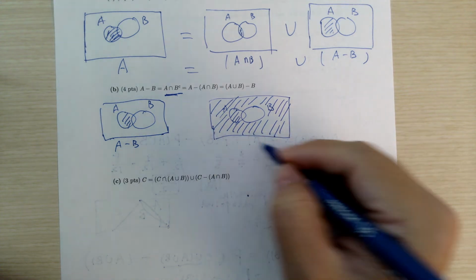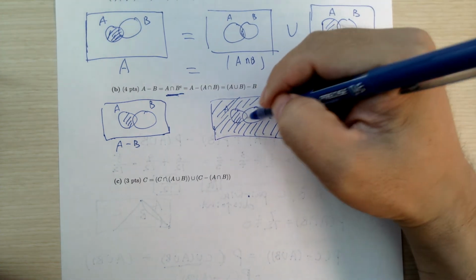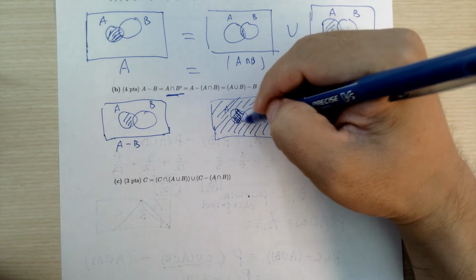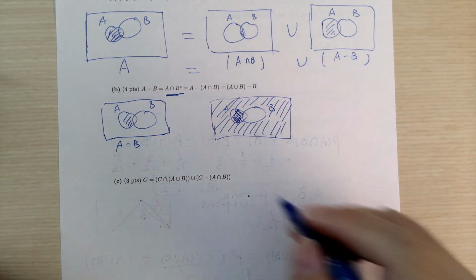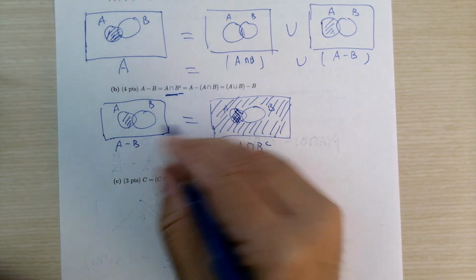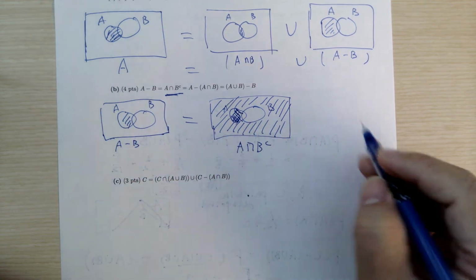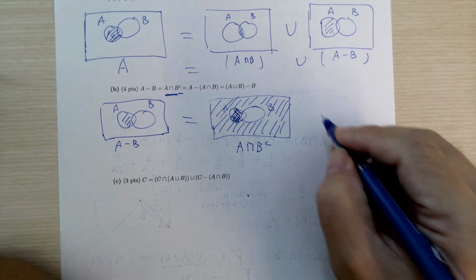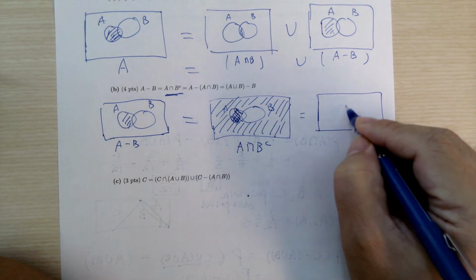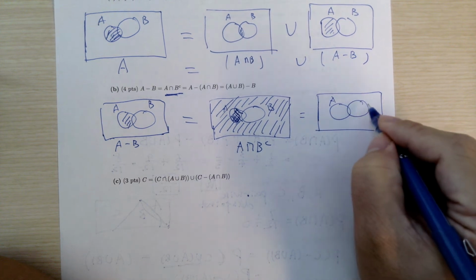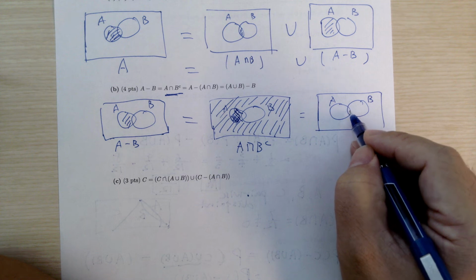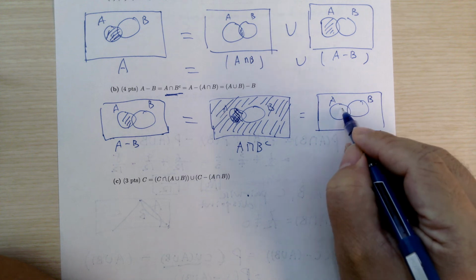And then A intersect B complement, don't you see it's just this space? So this is A intersect B complement, and the other stands for exactly the same thing. It's also easy to notice that we have A here and B here. A intersect B is this part, subtracted from this A.